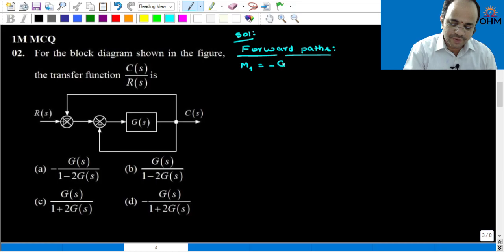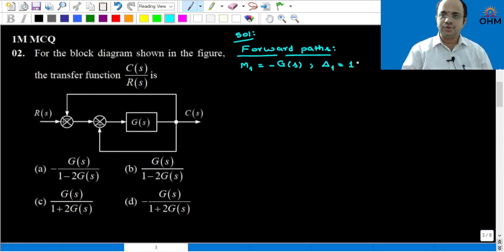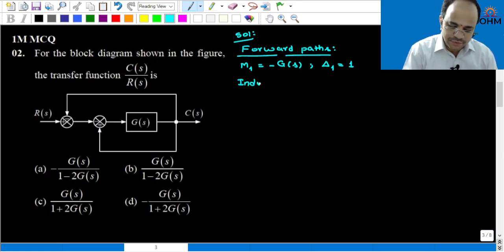Because of the minus sign, the forward path gain will be minus G of S, and delta 1 is equal to 1 minus any loop gain that is not part of the first forward path. You don't have such a combination, and hence it will be simply 1. Next one, individual loops.